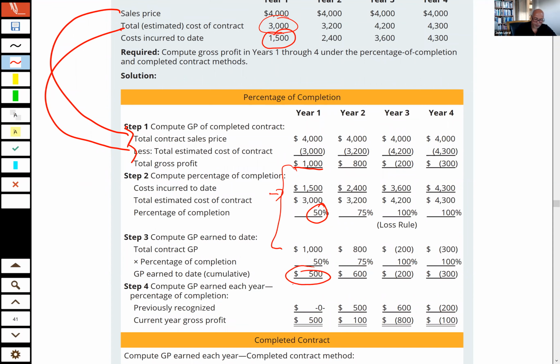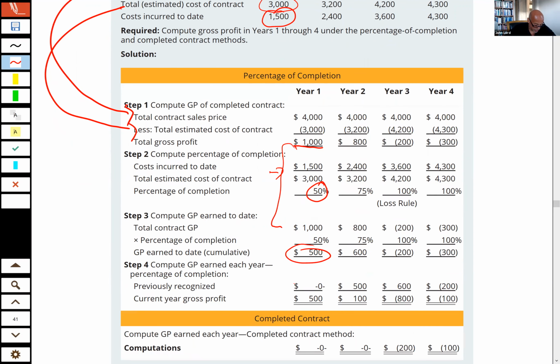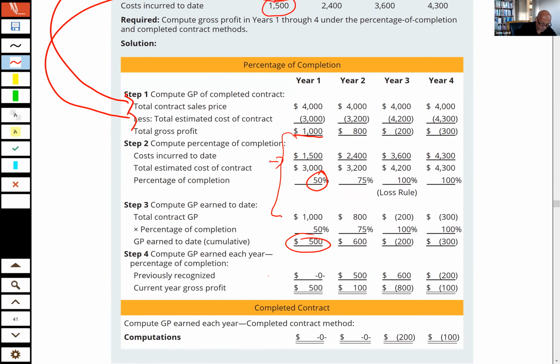We can take 500,000 of profit. Okay. Now, since under percentage of completion we haven't recognized any profit in previous years, this is the first year of the contract, we attribute that entire 500,000 profit to this period. All right, that gets us through year 1.